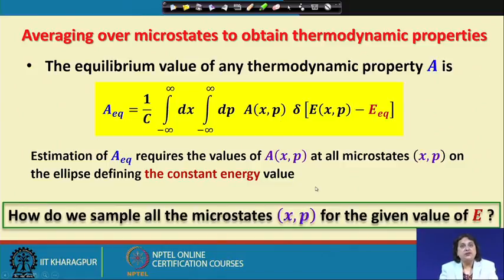So, the question that we ask is, how do we sample all the microstates x and p for the given value of E? Once we know all possible x and p combinations, I can find out A and correspondingly find out A equilibrium. Now, there are at least two alternative ways of doing this.